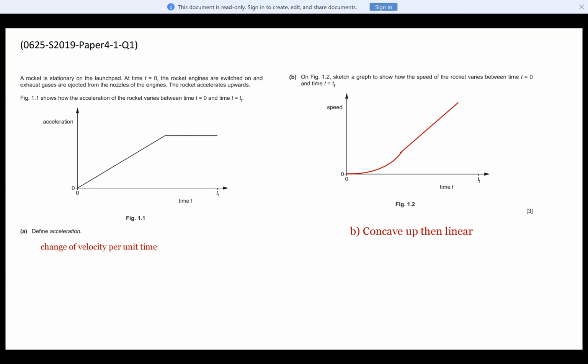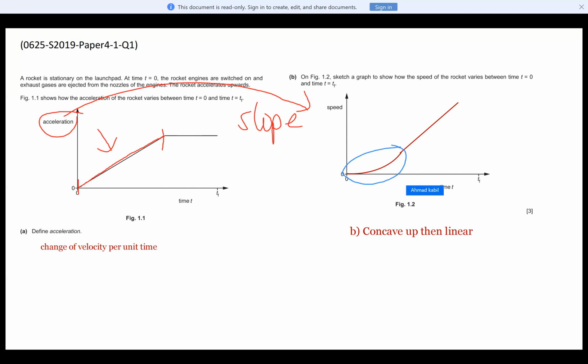So since the acceleration itself is increasing, we should know that the acceleration here is the slope of the speed time graph. So the speed itself is not constant here. So from here to there, in this first section, the slope is changing. So since the slope is changing, we should know that the graph is nonlinear. So we have a concave up curve like we did in the last problem.